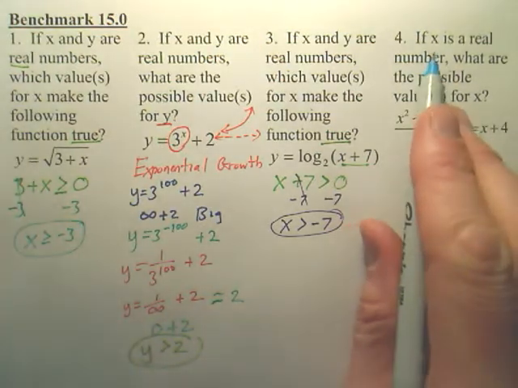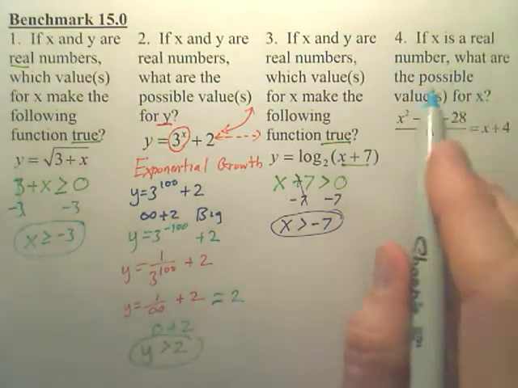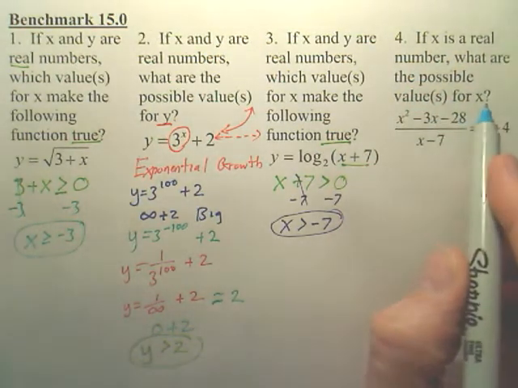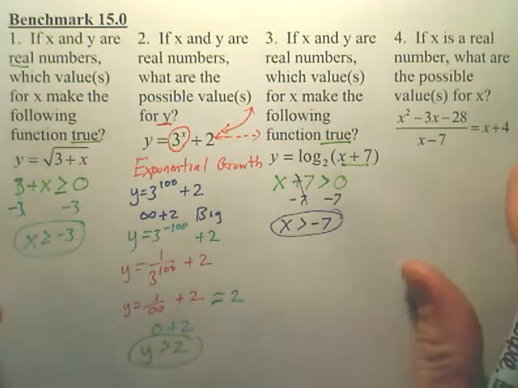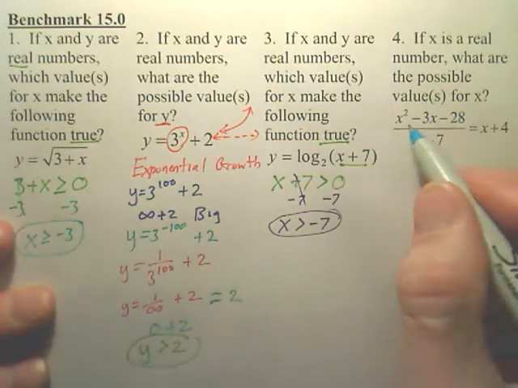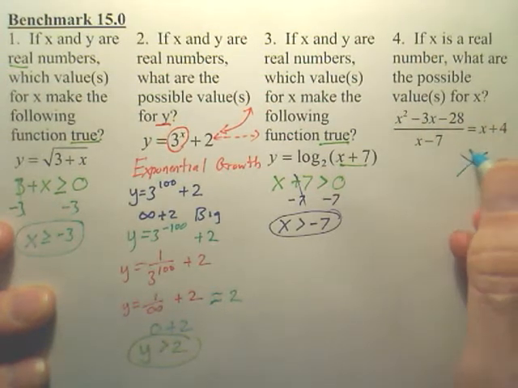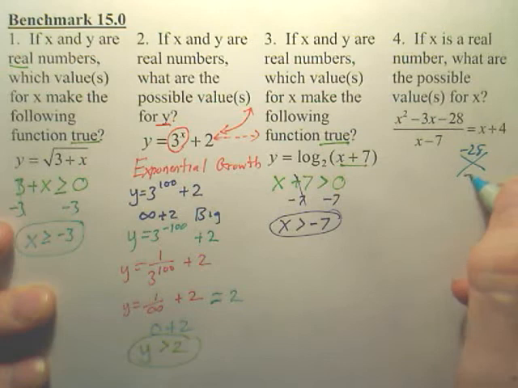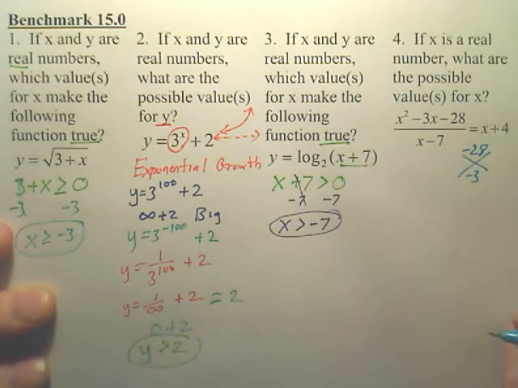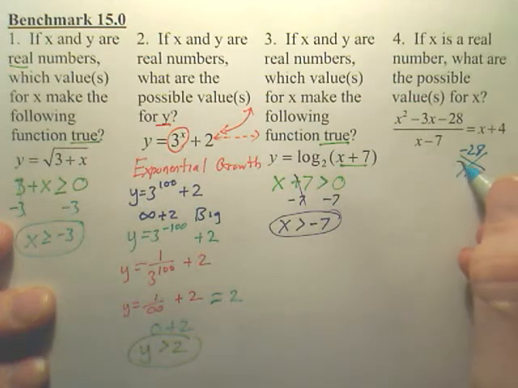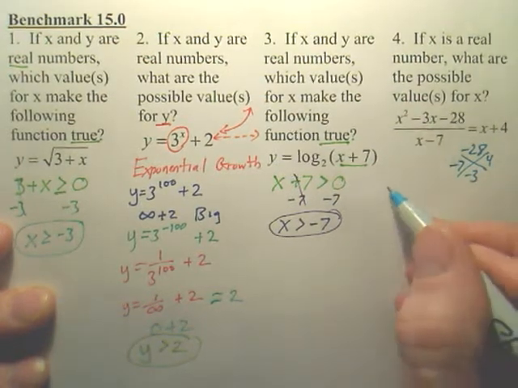The last one. If x is a real number, what are the possible values for x? The first step on this one, actually, is to factor the top. If I factor the top, negative 28, negative 3, what are my factors? Hopefully you notice negative 7 and 4.